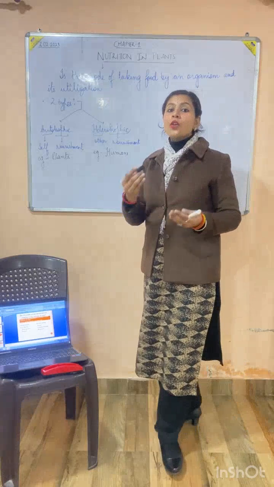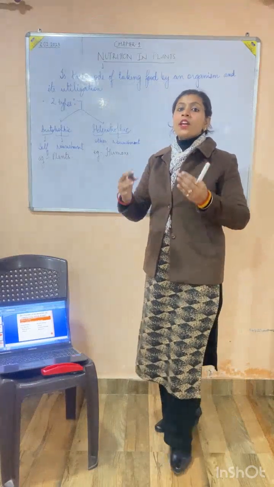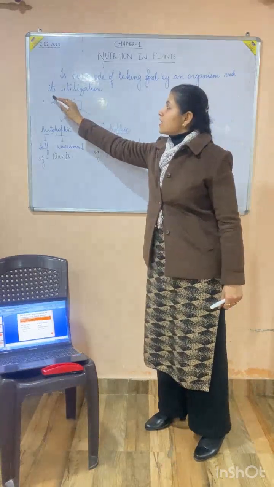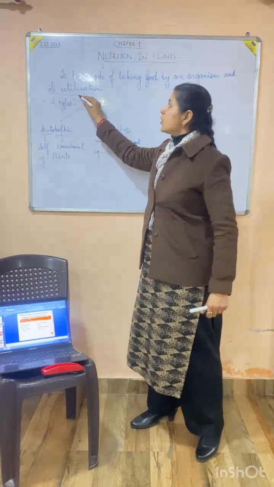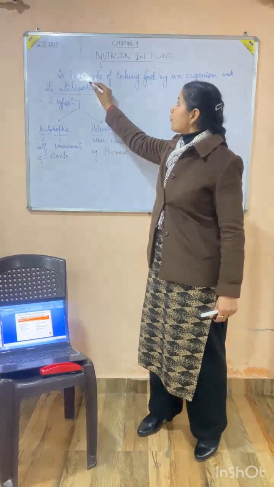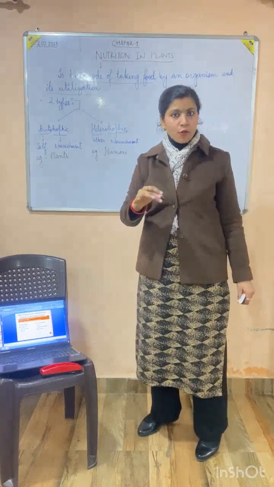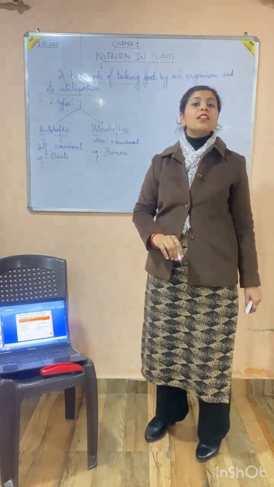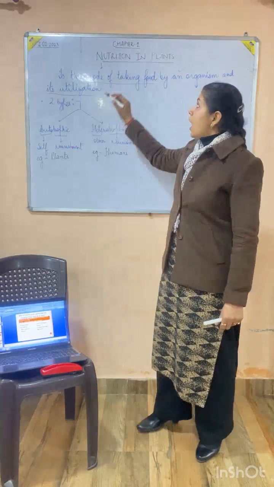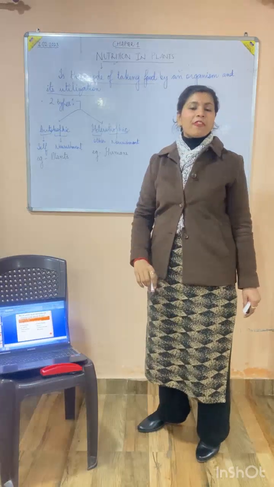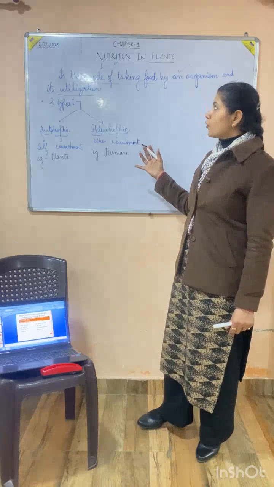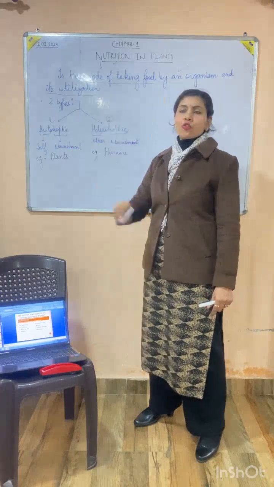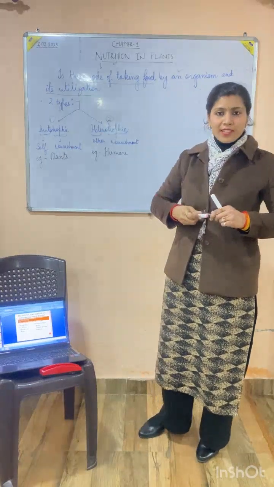That means how you take your food, and its utilization by an organism, is called nutrition. According to this, we can divide nutrition into two types: autotroph and heterotroph. Right? Let's go to the next slide.